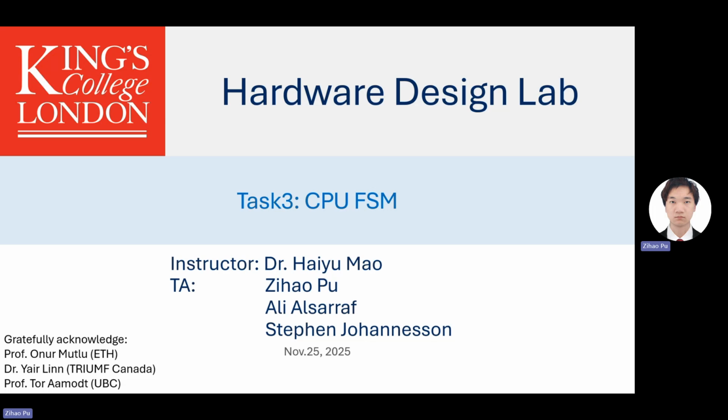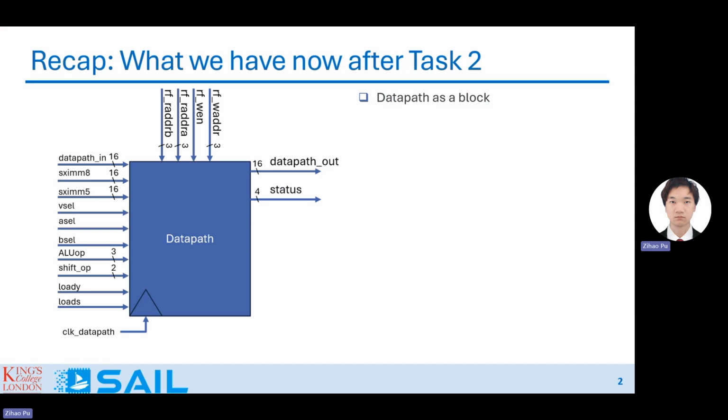Maybe you have already tried the data bus, where you have to click all the switches all the time to make just one simple calculation. It's a little bit tedious. So in a CPU, you usually have a controller, which is the FSM for the CPU. And this is what we have now after task 2, and this is the data path you have.